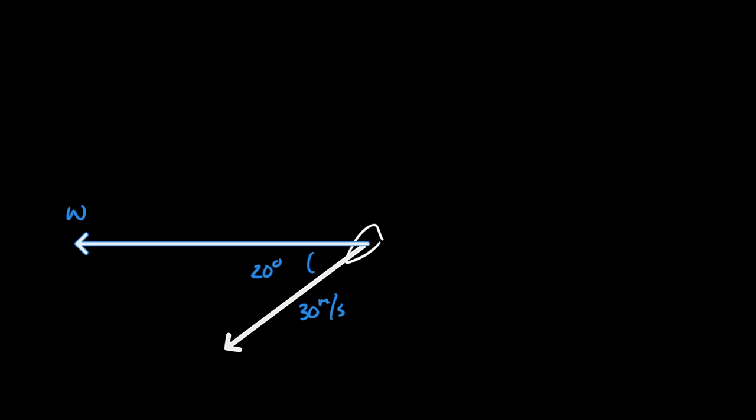All right, Viv, can you give me one of them? So 30 meters per second, and then 20 degrees south of west. I'm good for that. There's another one. So, Michael, can you give me the other one?